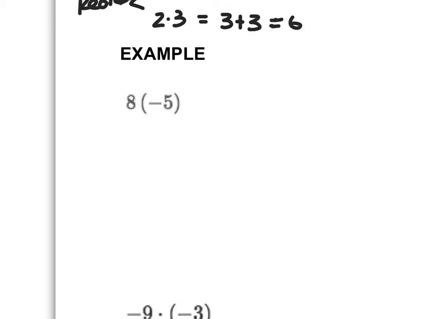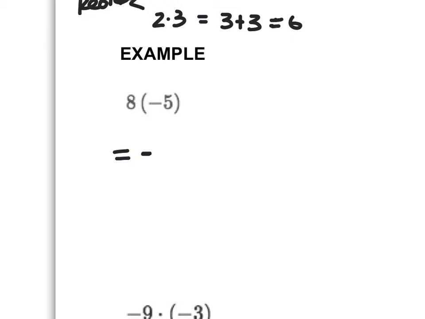Say 8 times negative 5. I know that my answer is going to be negative. So I put an equal sign, and I know my answer is negative, and then you just need to multiply 8 times 5.